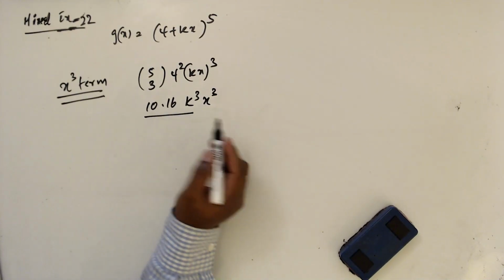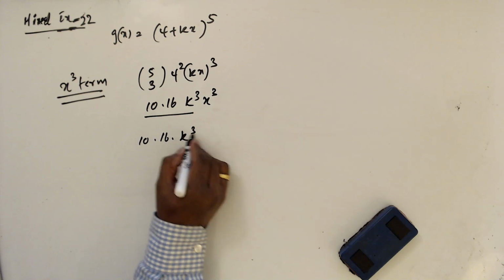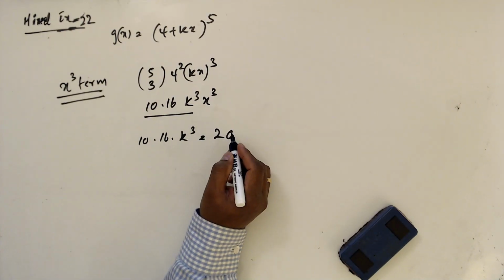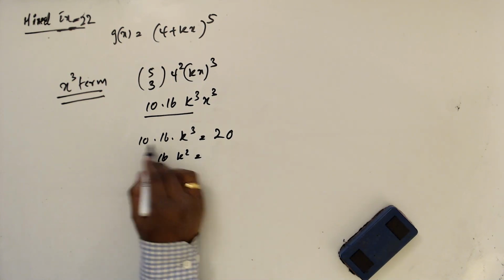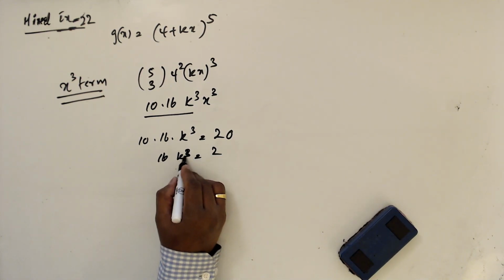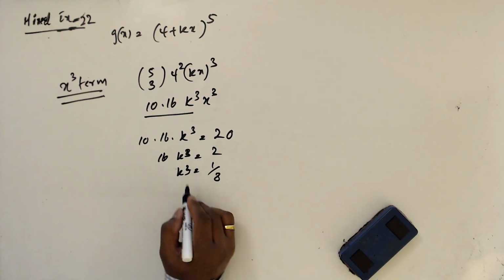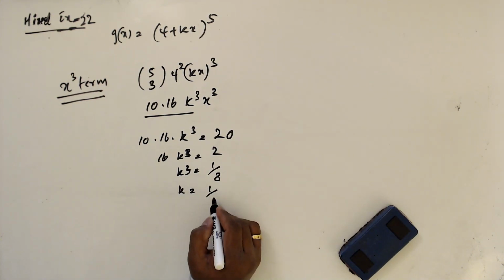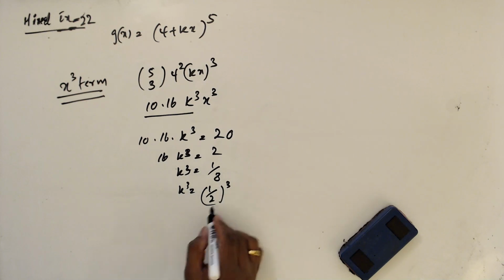So this value is equal to 10 times 16 k cube equals 20. Then 16k cube equals 2. So k cube equals 1 over 8. k cube equals half cubed. k equals half.